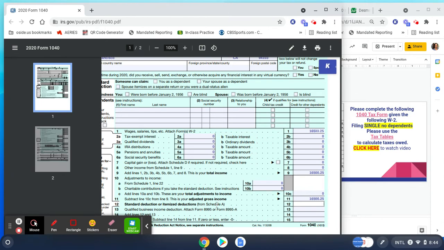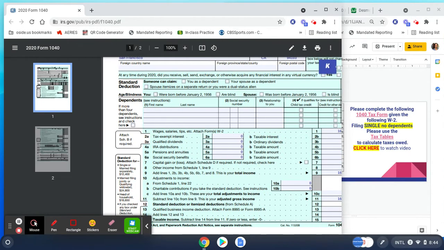Standard deduction or itemized deductions from a Schedule A. What does itemized deduction mean? Anybody who's self-employed can itemize all of the expenses that they had throughout the year, and it offsets their income. If someone can itemize more than the standard deduction, if you had more than 12,400, that's the standard deduction for this year, if you had more than 12,400 in expenses related to your job, it might be worth it to itemize the deductions.